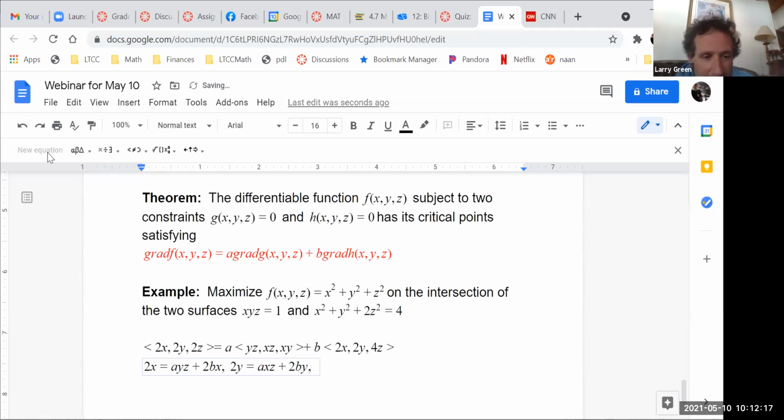And then we get 2z equals axy plus 4bz. And then we also have xyz equals 1. And we have x squared plus y squared plus 2z squared equals 4.